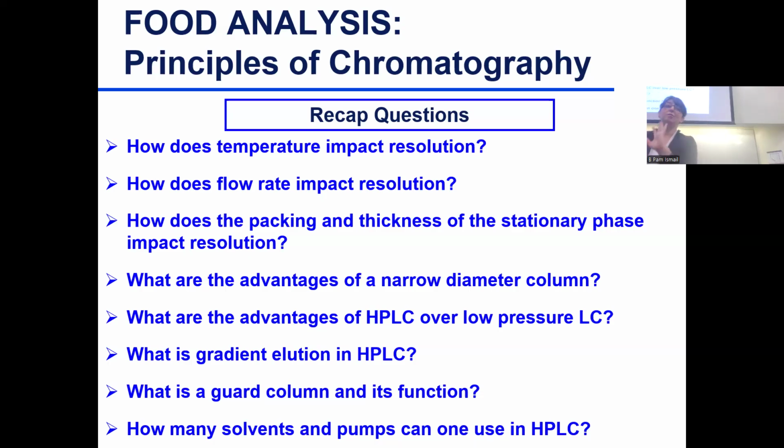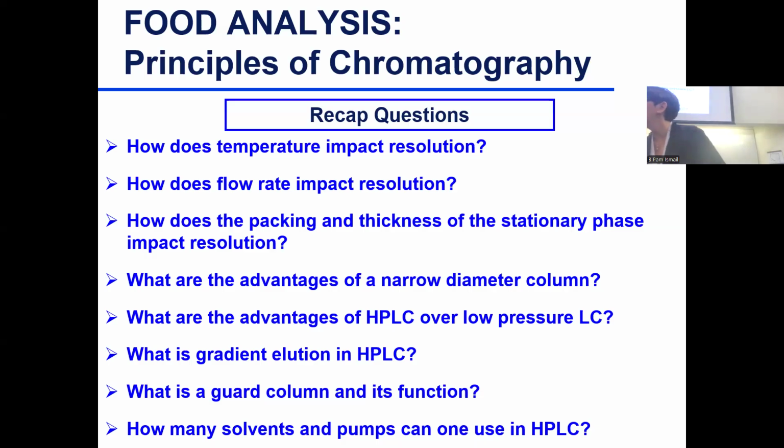In HPLC, we do not cut the column. It doesn't get cut. So we have a small guard column.